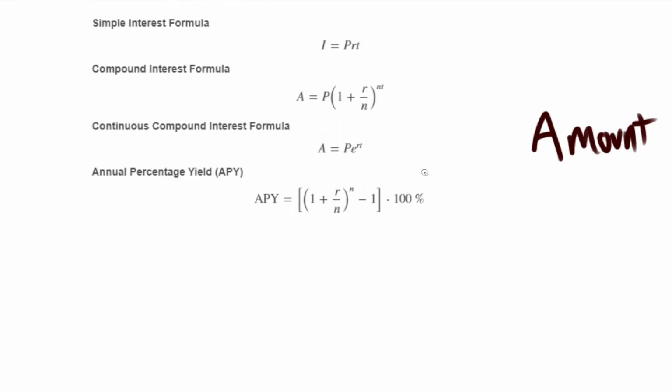Now, you won't have to do any converting with the APY and then use the simple interest formula. Most of your questions that you will have that relate to this are going to be like, find the annual percentage yield of this. And it's going to be as a rate. That's why it has times 100%, because this is going to give you a decimal. And then this times 100% is just telling you that it's going to be in percent form.